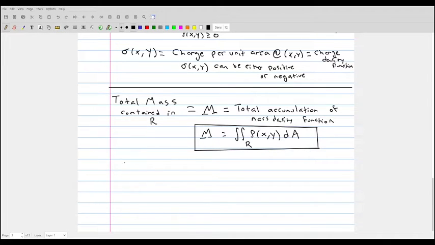And the exact same thing is true if instead of a mass density function you have a charge density function.